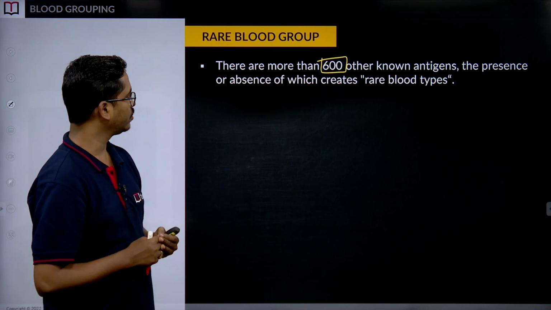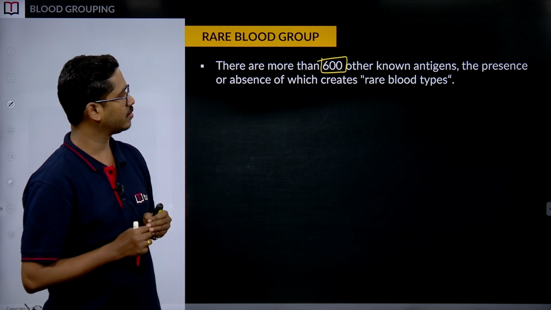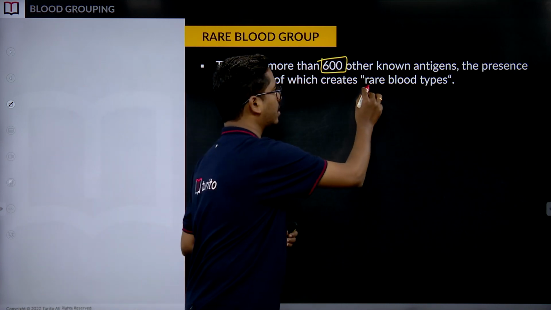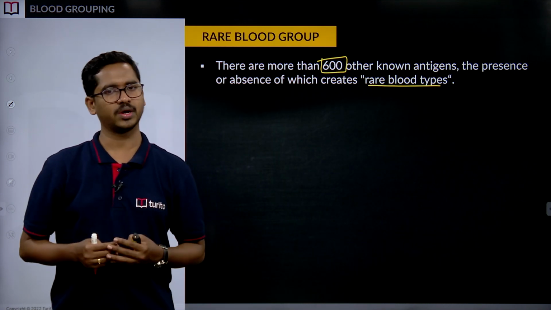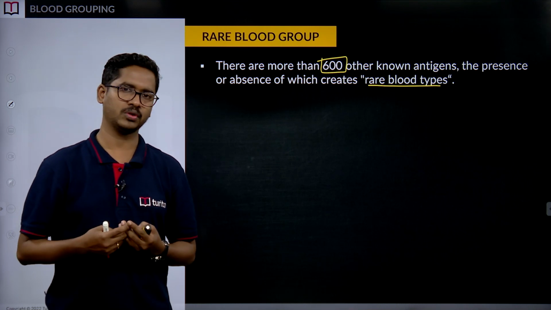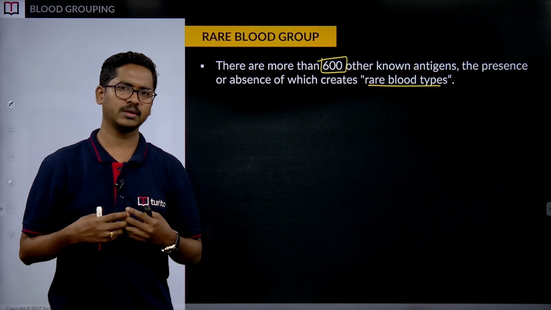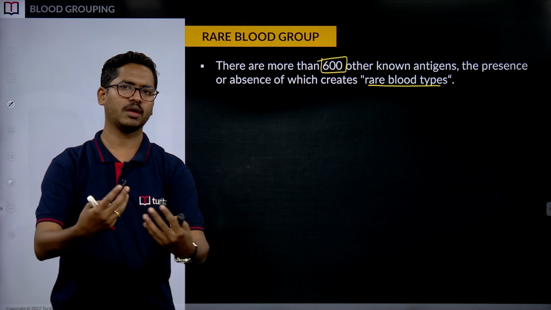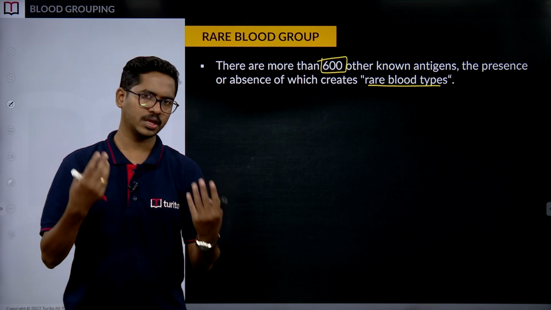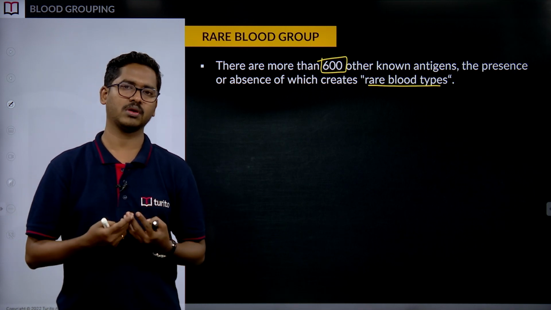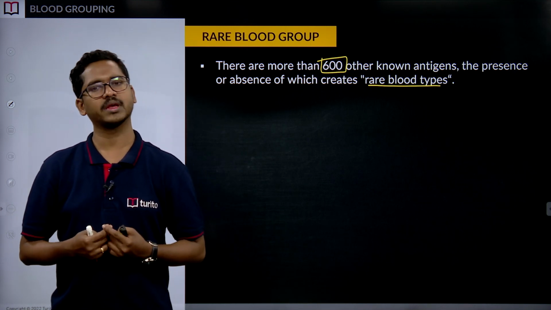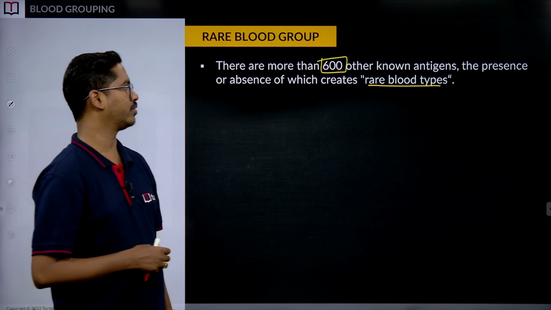When you look here, this presence and absence creates the rare blood type. If all around you people have O positive blood groups, they would certainly have the same type of antigen. So, we are not calling ourselves rare, but there are certain conditions we have to look into.